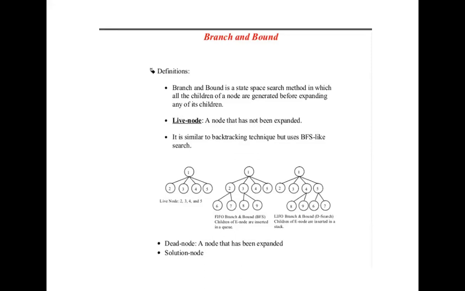Here we have live node, dead node, solution node, and answer node. Answer node and solution node are the same. And then the E node. These are the different nodes.